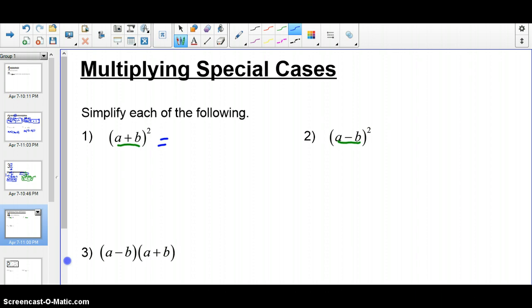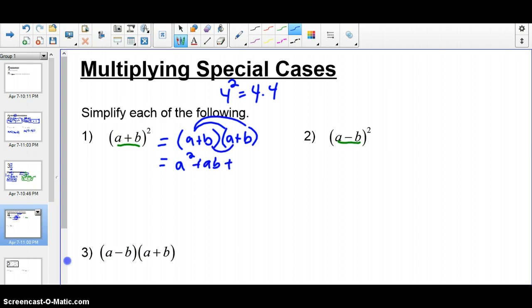So a plus b squared is the same thing as a plus b times a plus b, right? It's just, this is like 4 squared is the same thing as 4 times 4, okay? So if you go through and FOIL this out, first times first, you're going to get a squared, outer plus ab, inner plus ab, last plus b squared.